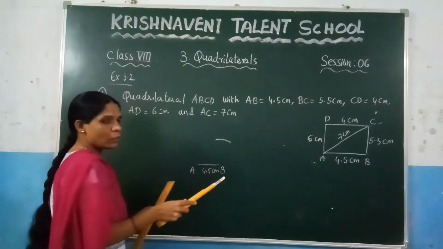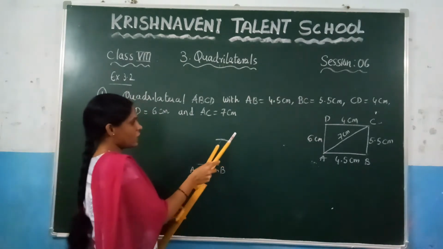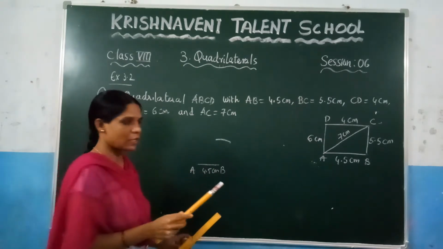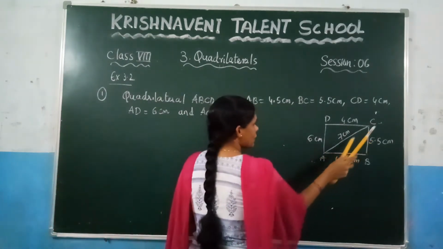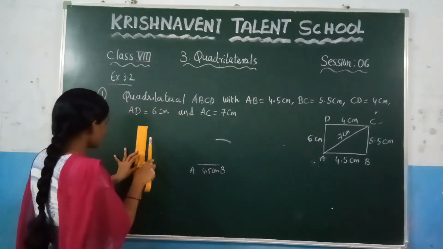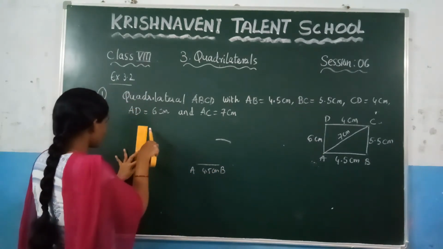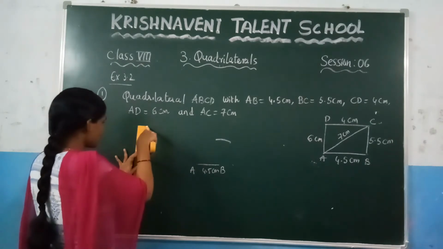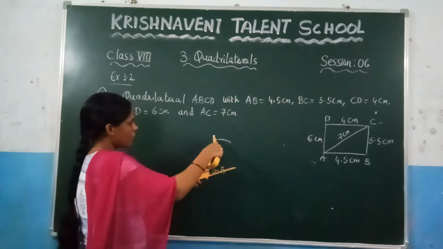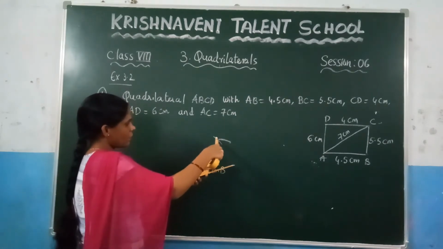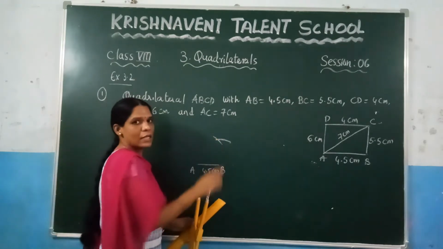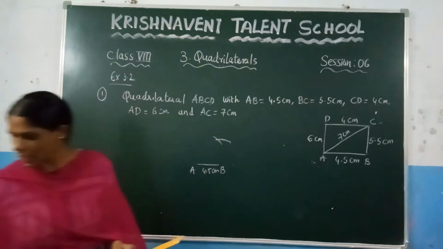Since we need an intersection point, we need to make one more arc, which is the diagonal given as AC, which is 7 centimeters. So take the length of 7 centimeters. Now at this point make an arc of 7 centimeters. Clearly you can observe that we got an intersection point. Let us mark that intersection point as C.